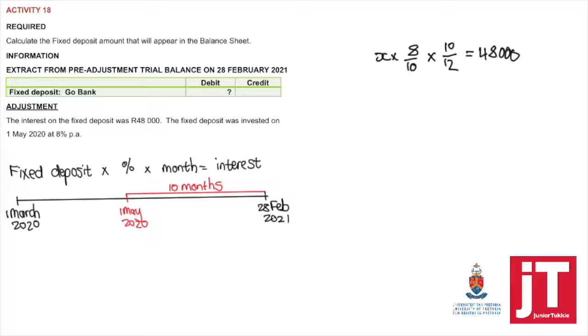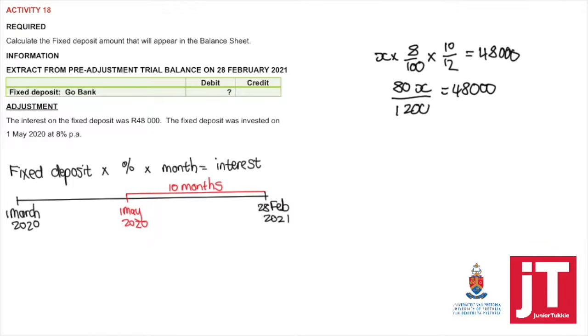I want to know what the fixed deposit amount is. So fixed deposit equals X times 8 divided by 100 times 10 divided by 12 equals the interest amount 48,000.